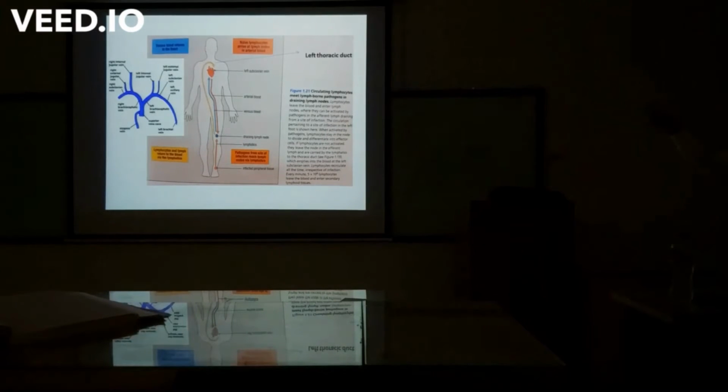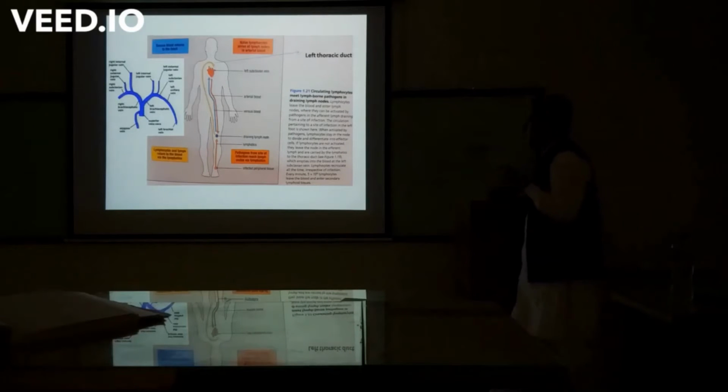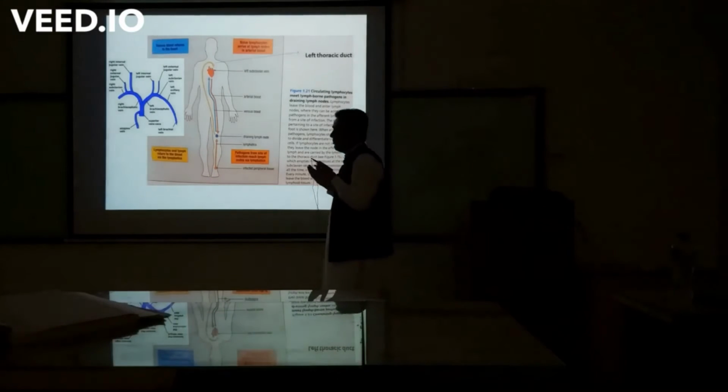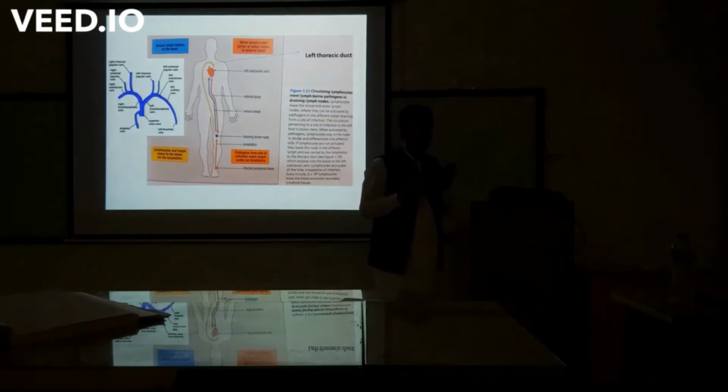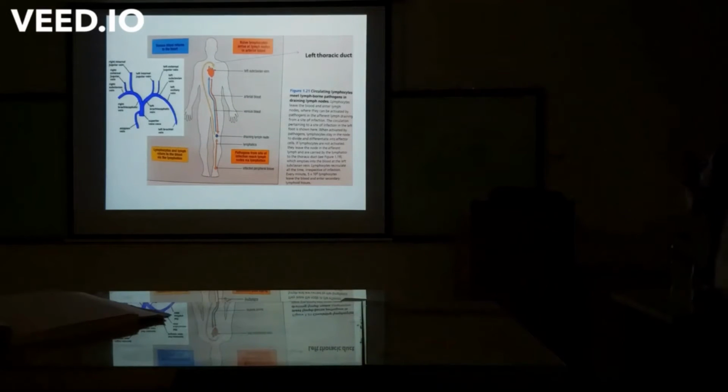So this subclavian vein actually is behind this bone. The lymph is coming right from your toes to this particular position. How is this transportation taking place in your body if there is no pumping or no power? Where does the power come from? There must be some kind of power.